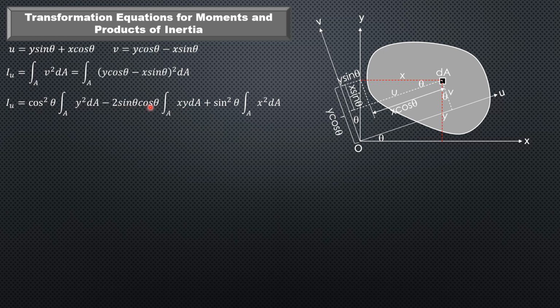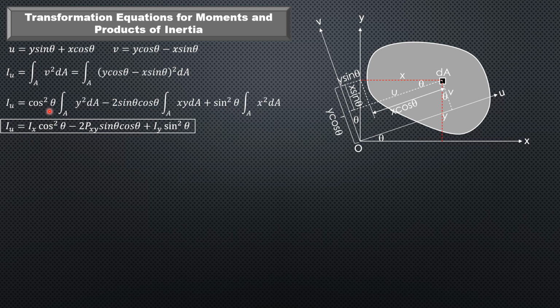Then the integral of xy dA is the product of inertia Pxy, so we have minus 2 Pxy sine theta cosine theta, then plus Iy sine squared theta. Iu therefore equals Ix cosine squared theta minus 2 Pxy sine theta cosine theta, plus Iy sine squared theta. So that is Iu.